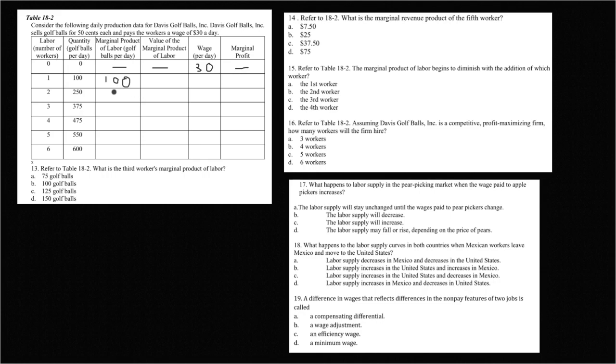And here we changed from 100 to 250, and the workers went from 1 to 2. So this is going to be 150, which is 250 minus 100. And then from 250 to 375, it's going to be 125.